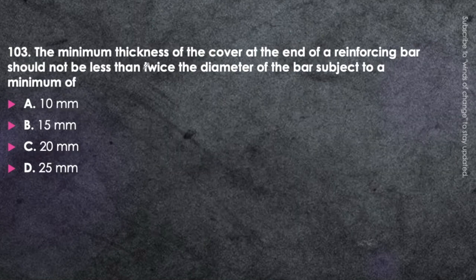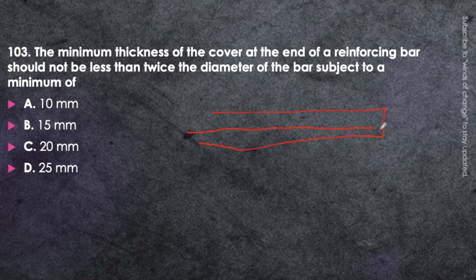Next question. The minimum thickness of the cover at the end of the reinforcing bar should not be less than twice the diameter of the bar subjected to a minimum of 10 mm, 15 mm, 20 mm or 25 mm. We are talking about the minimum thickness of the cover at the end of the reinforcing bar. Let's say it is a beam like this. This is the member and there is a reinforcing bar which is going like this, maybe at the bottom.